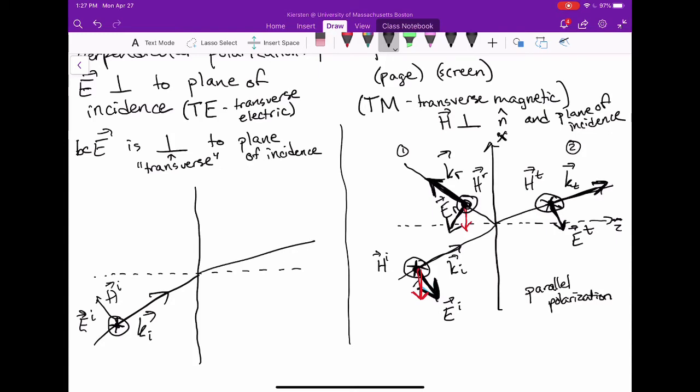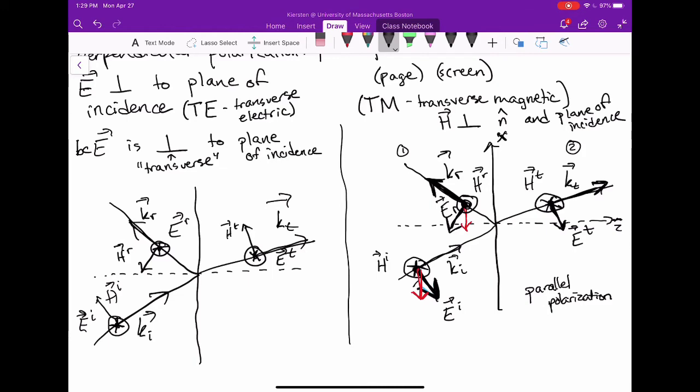And we can go through and define all of our other field components the same way. It's always good to do that right-hand rule check to make sure that your E field cross your H field points in the direction of the K vector. Then if you make sure of that, everything will have the right polarity.